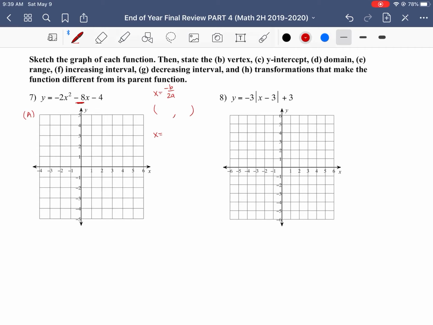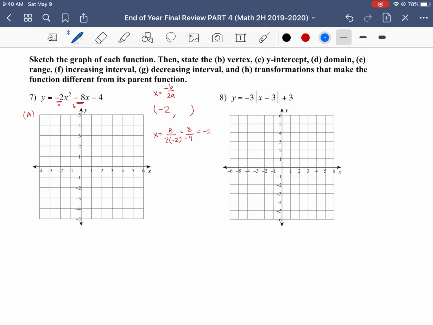So if it's negative 8, we're doing the opposite of b. So we're going to do positive 8 over 2 times a, and a is this little piece right here. So a is negative 2. So we've got 8 over 2 times negative 2, which is negative 4. 8 divided by negative 4 is negative 2. So the x value of my vertex for this parabola is going to be negative 2.